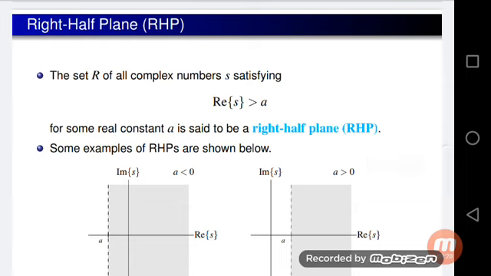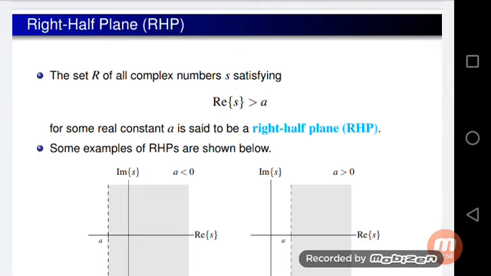Similarly, another case of ROC is the right hand plane, where R is the set of complex numbers s satisfying Re of s greater than a. Here the occupying region moves in the reverse direction of the above LHP.